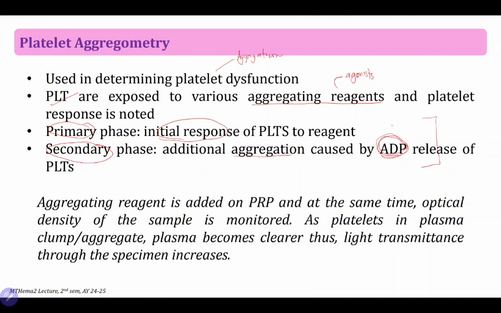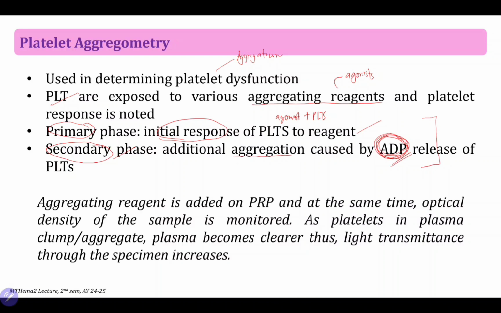Again, the first phase, your primary phase, is where you check for the initial response of the agonist plus the platelets. After which, we go to your secondary phase, or secondary aggregation, wherein there is additional aggregation caused by the natural release of ADP from the dense granules, which is also responsible for the aggregation of your platelets.